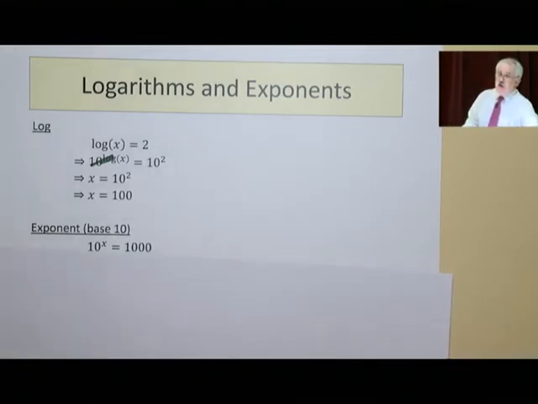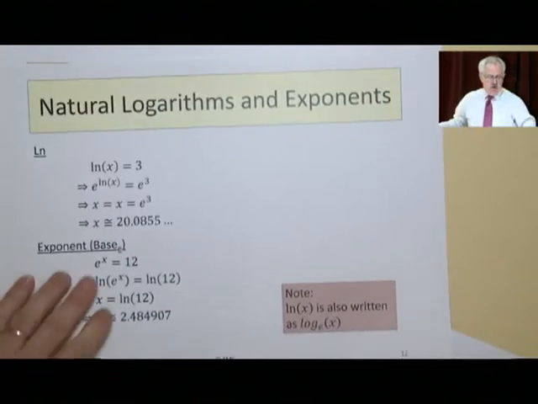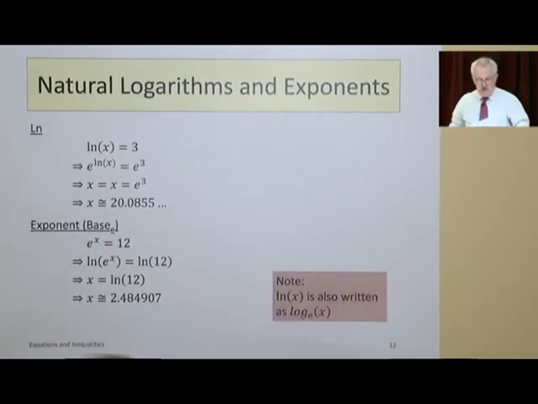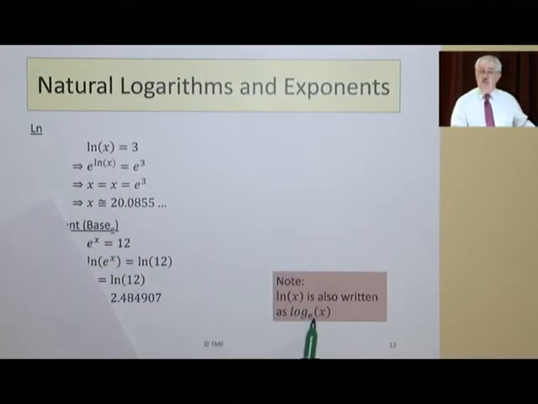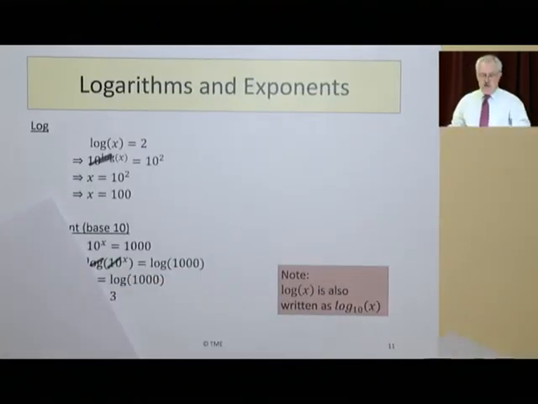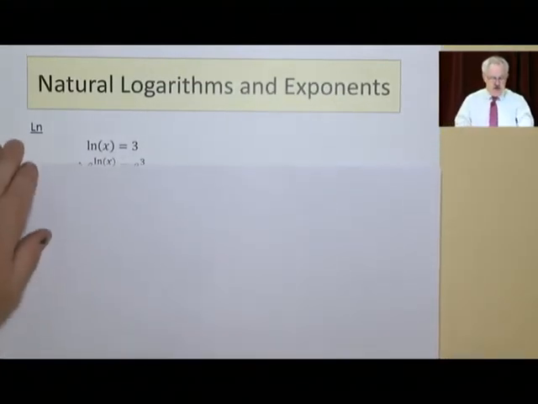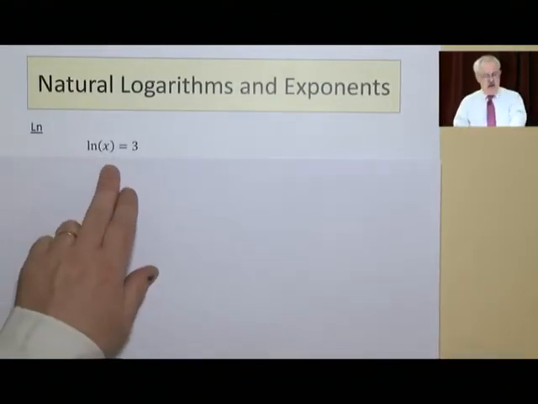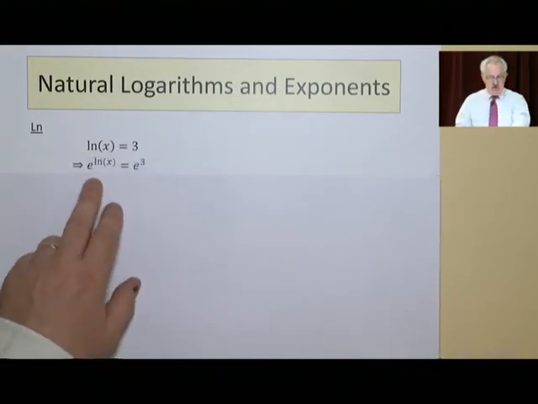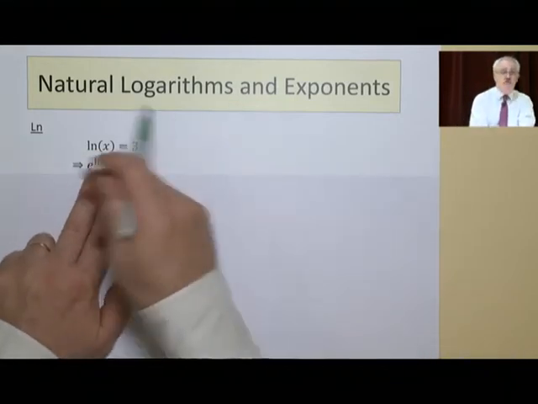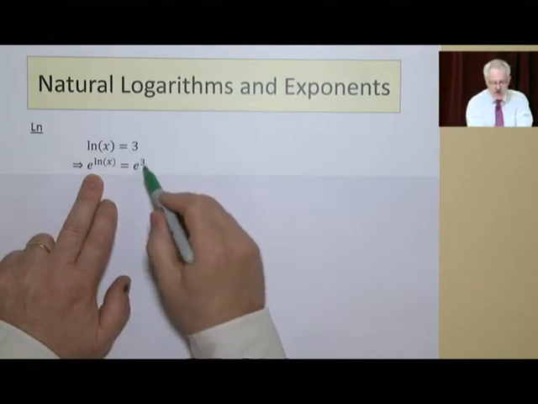There are two types of logs on your calculator. One is called log, the other is called ln, sometimes written as log with a little e on it, whereas the other log is sometimes written with a log 10 on it. But most calculators would say ln rather than log. So if somebody said that ln x was 3, you just do the opposite. e to the power of it, or inverse log, would be e to the power of this.